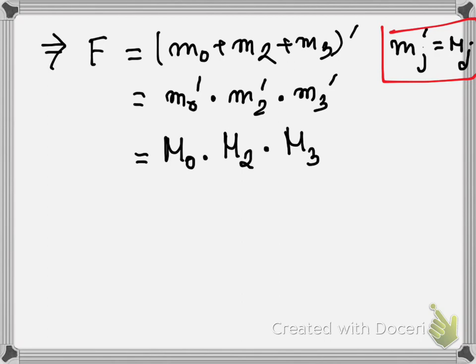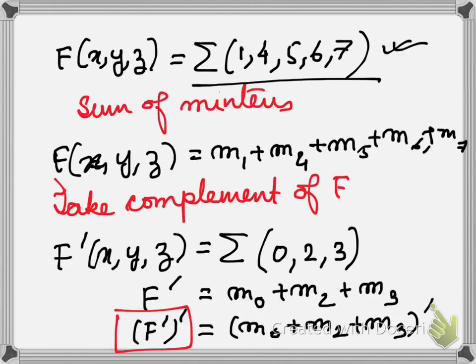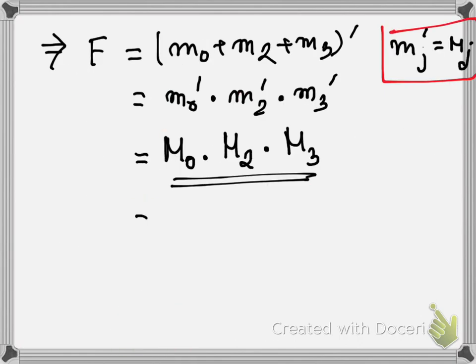So what I have now is nothing but a product of max terms. Let me write it again using our notation, product of which terms? 0, 2 and 3.